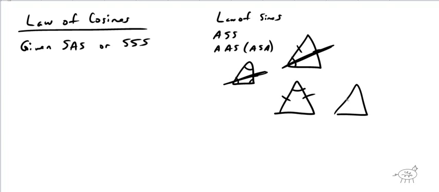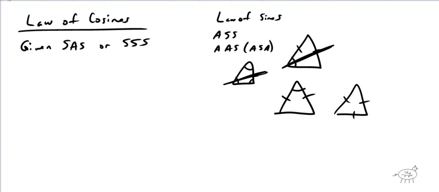Same thing with side side side. You don't have an angle opposite to set up a proportion, because you would have two missing variables. Okay, so you're going to use law of cosines when you have side angle side or side side side. You really can't make a mistake. You can't accidentally use the wrong one, because you won't have enough information when using the wrong one. It just won't work.